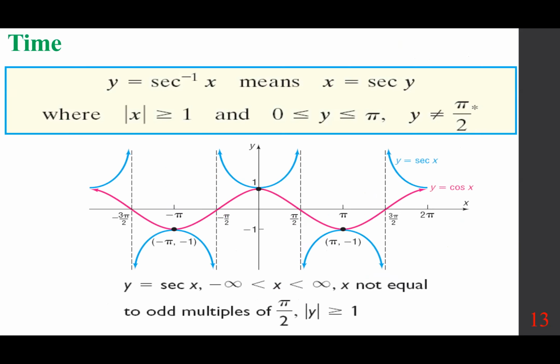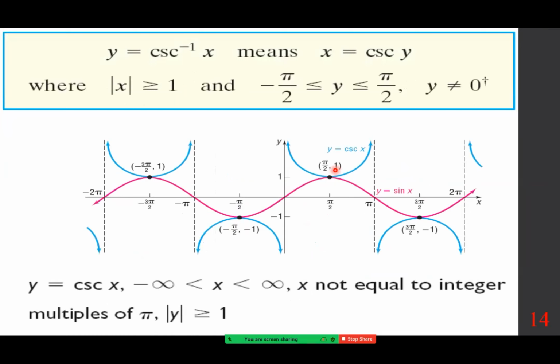I'll show you these pages. The meaning of secant inverse, which was discussed. Secant is 1 over cosine, so we stick with the same restriction as cosine. Of course, y can't be pi over 2 because of the VA, or vertical asymptotes. Cosecant is 1 over sine. That's why we use the same restriction.